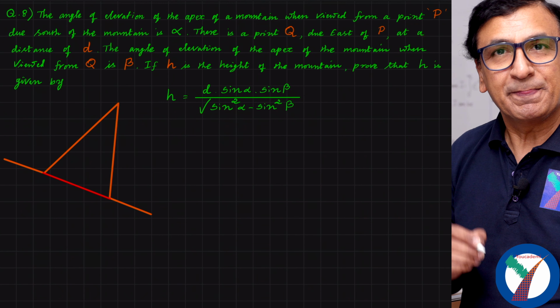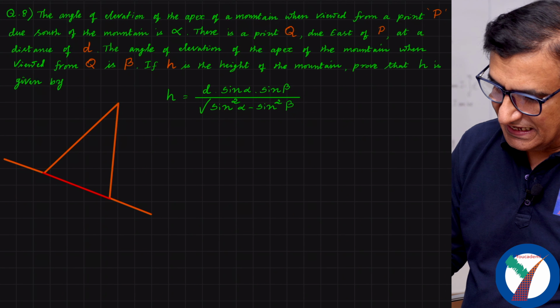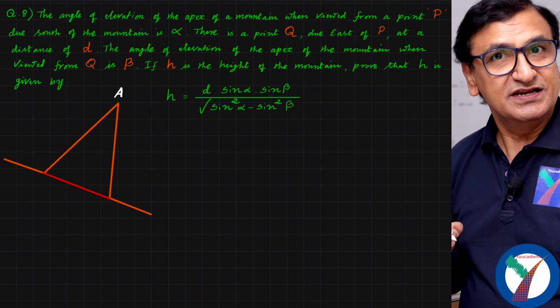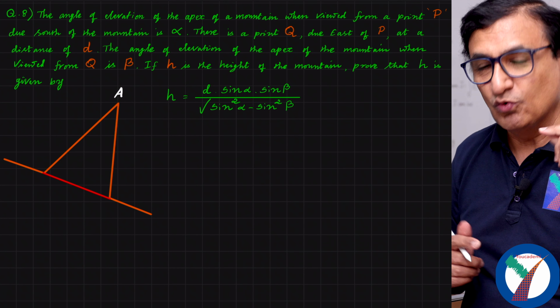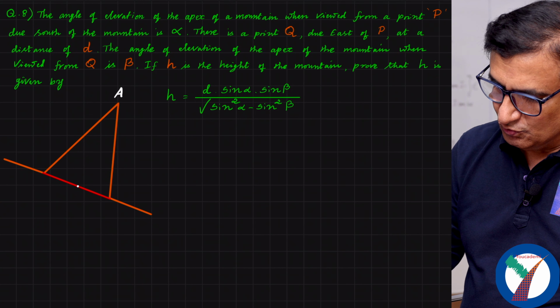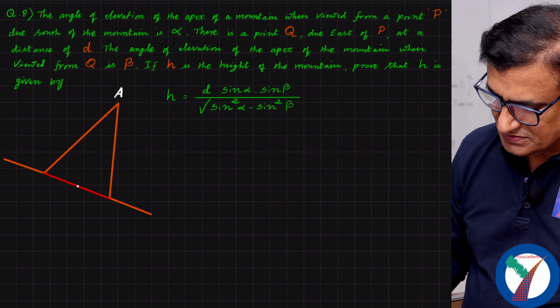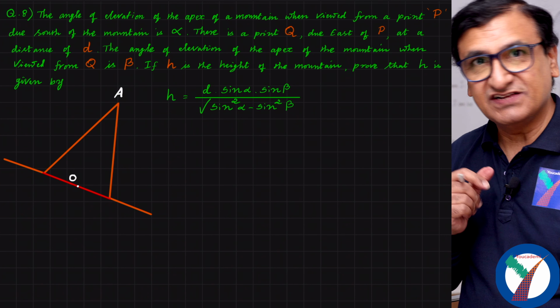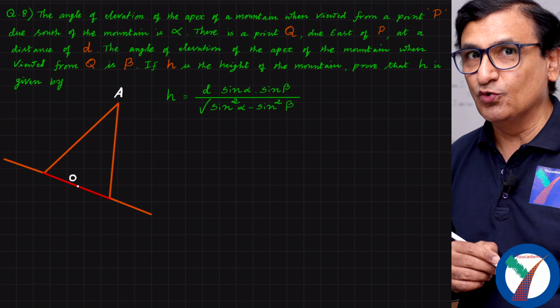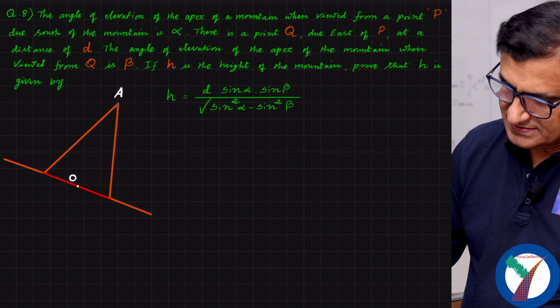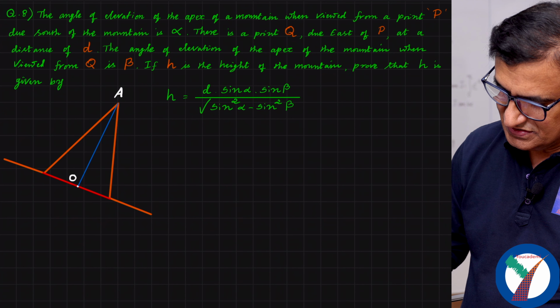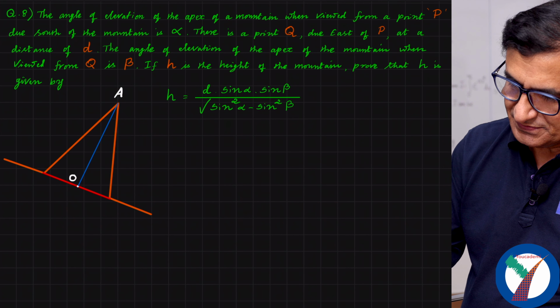Let me name the apex of the mountain as A. And let me name the base of the mountain, which is directly below A, is O. This is O. And the height of the mountain, that is the length AO, is height h. So this is h.